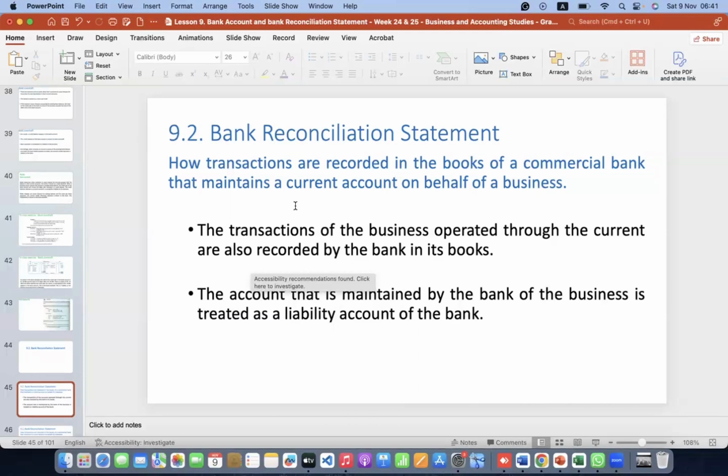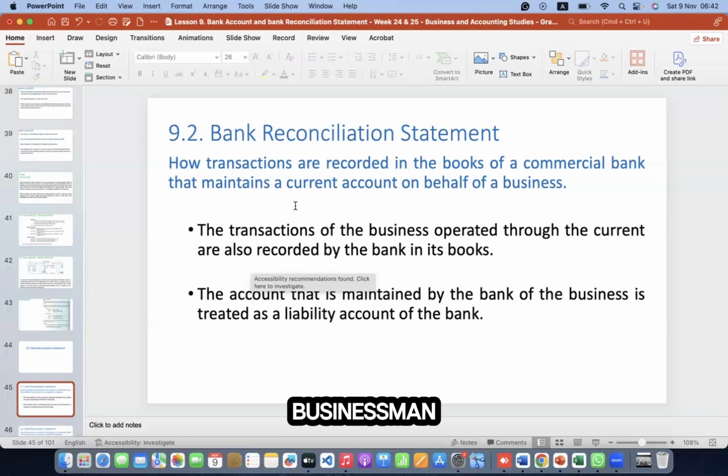Simply, the business will have a cash inflow when a settlement is made. But on the other hand, in terms of the bank, a customer's bank account is a liability.